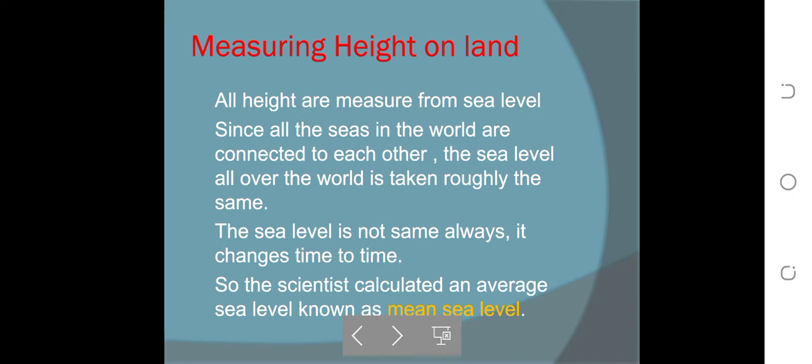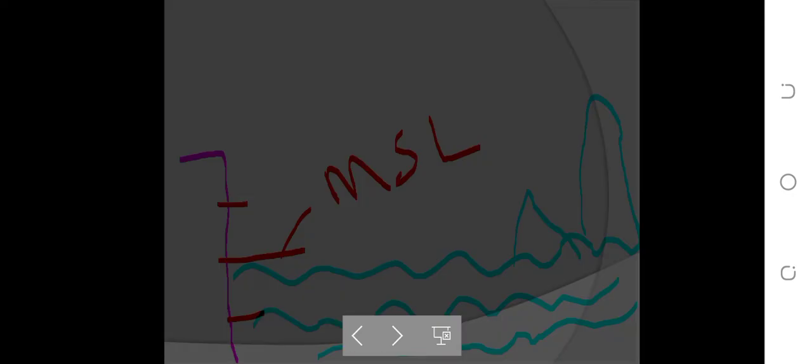If there is high tide, the sea level increases, and at low tide, the sea level decreases. So scientists calculated an average sea level known as mean sea level. Mean sea level is the 0 meter. From that level, we have to measure any land. So all the heights are measured from sea level.